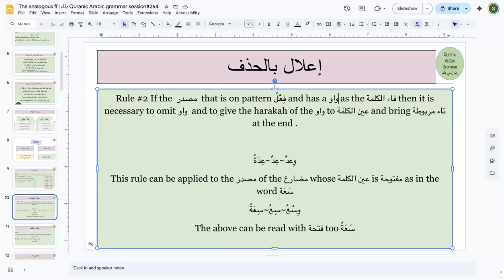In the fi'l mudare, yasa'u, what is something that is striking? What type of i'lal are we seeing? In yasa'u, I'm noticing there is hadhf of waw, right? Wasi'a yasa'u, there is a hadhf of waw. Why did this hadhf happen?